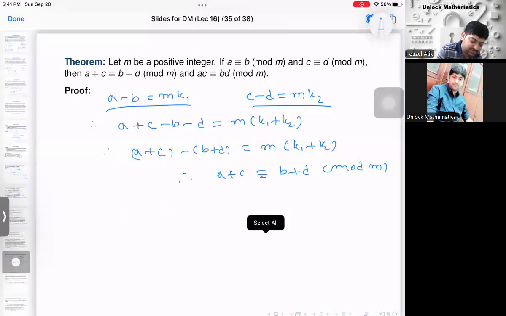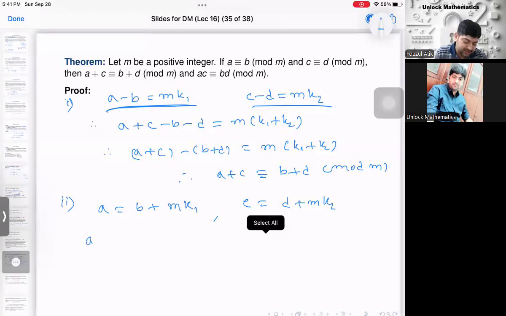This is part 1. Part 2: I can write a is equal to b plus m times k1. And the other part, c is equal to d plus m k2. Now let us multiply.